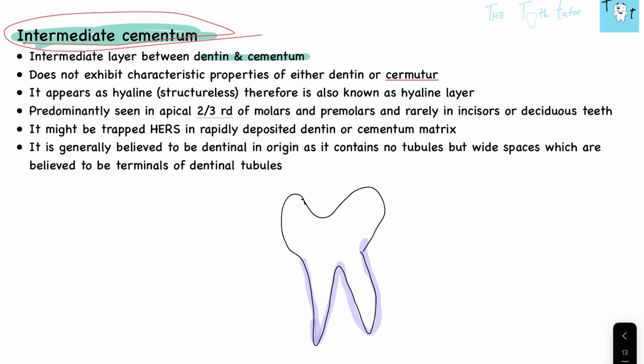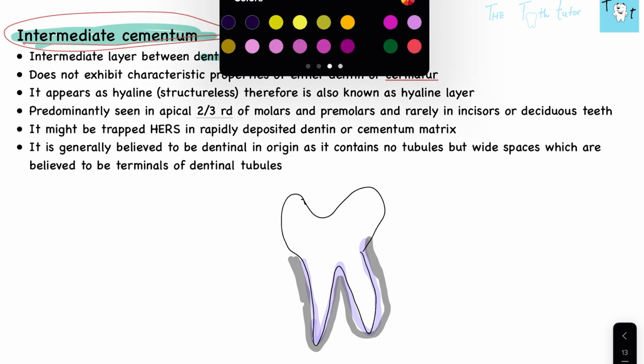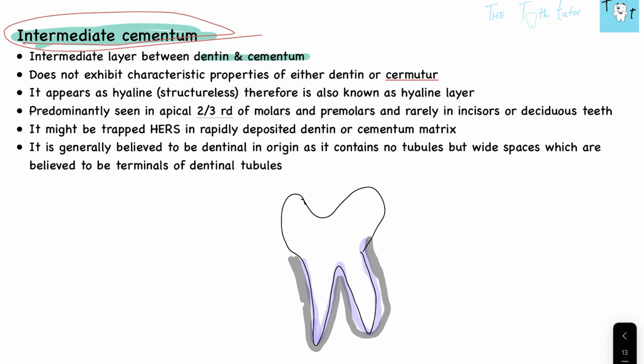Outside you have your cementum, and inside you have your dentine, in yellow, and this purple thing is your intermediate cementum.